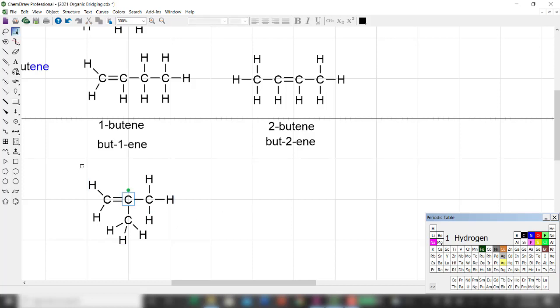But how do we name this? This will be the interesting part. I'm just going to color code this first, so that it will be easier for us to name it. I'm going to color code this in blue. You realize that when we name, we usually name it after the one with the longest chain. So the longest chain is actually a propene. Then we need to indicate where the double bond is.